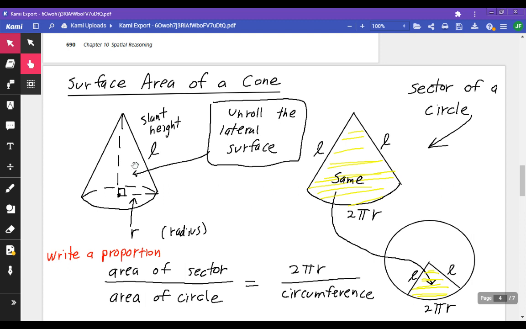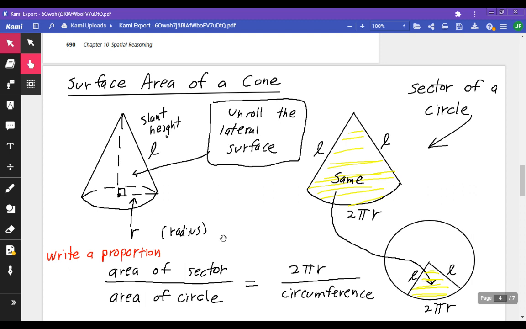So let's say we take this cone part, the upper part of the cone, and cut it down from the vertex, perpendicular, just cut it down and unroll it. So we're going to unroll that lateral surface here. And if you do, you see this shape on the right here, which looks like really a slice of pie or a slice of pizza.